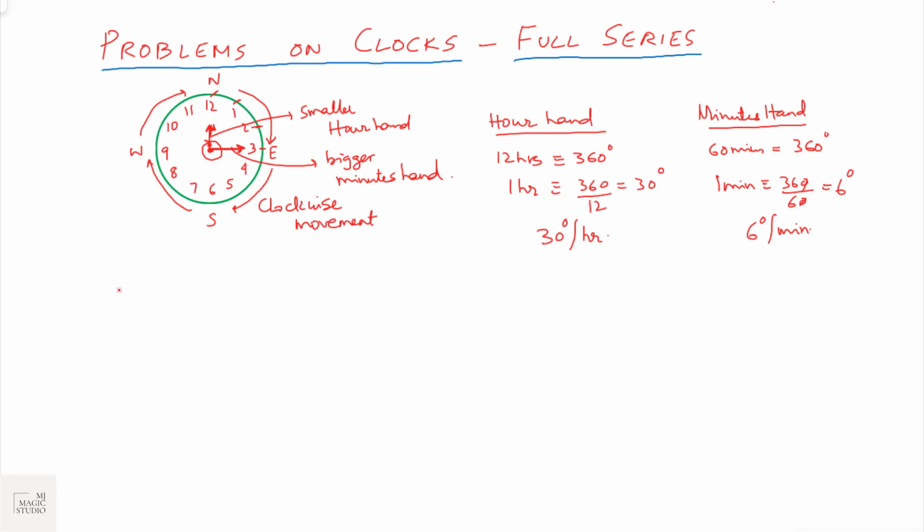So in this particular series, we will be dealing with the mirror image, water image, then questions related to the angle between the hour hand and minute hand. The fourth type of questions are where the angle is given and time is asked.